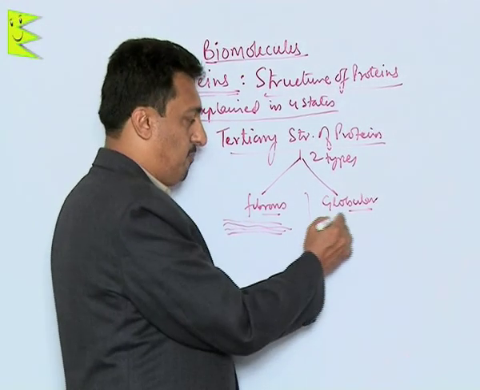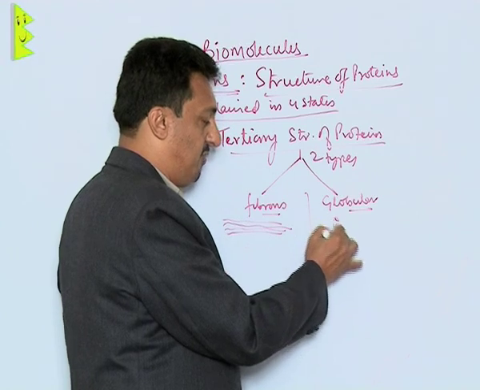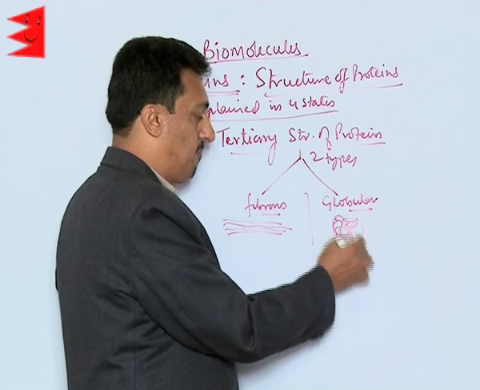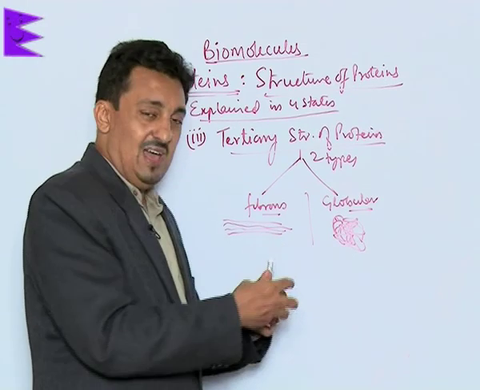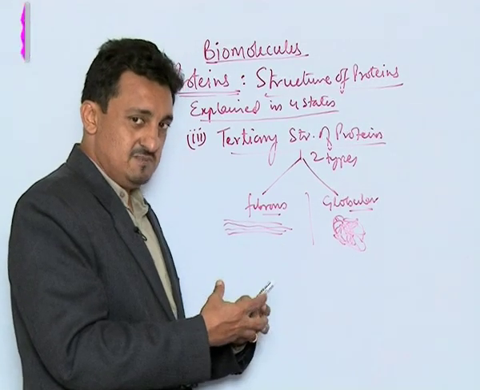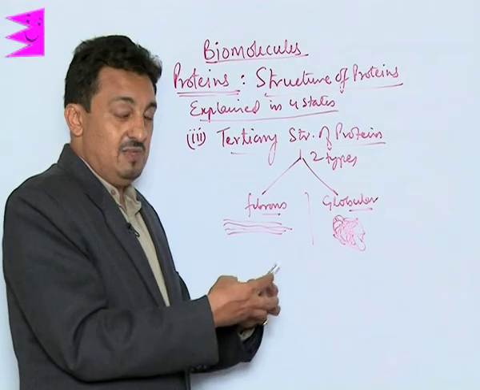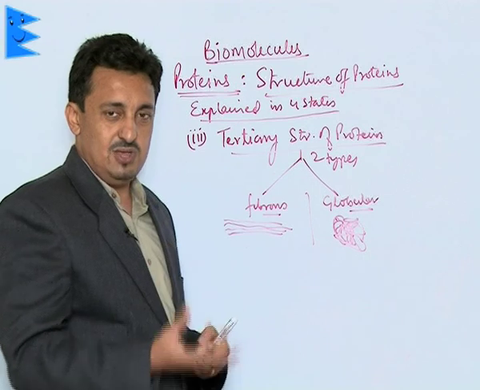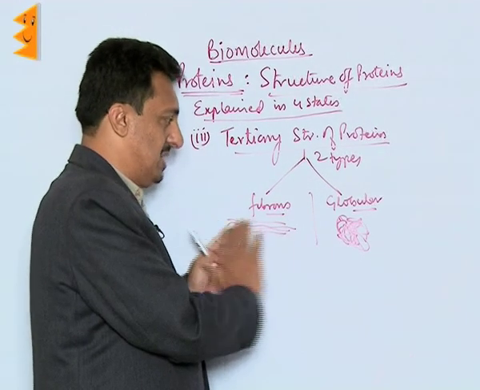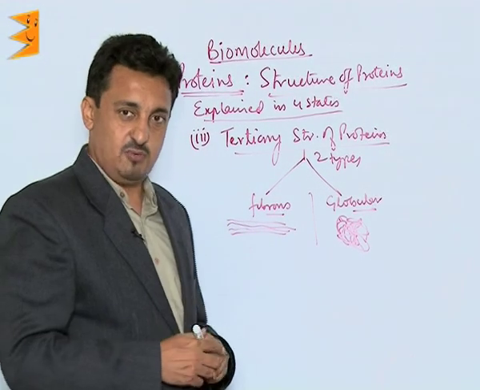Whereas globular protein is a mixture of the alpha helical as well as beta pleated structures. Since the groups in the beta pleated structure are free, these proteins are water soluble. So this is how we get fibrous and globular types of tertiary structures of proteins.